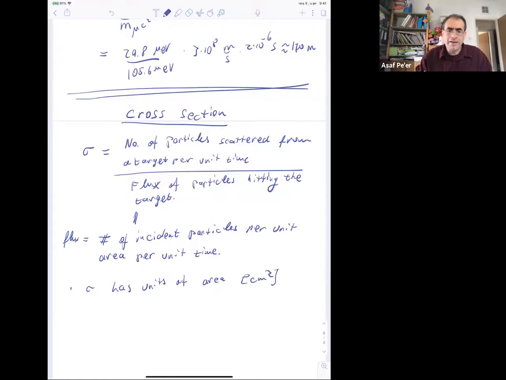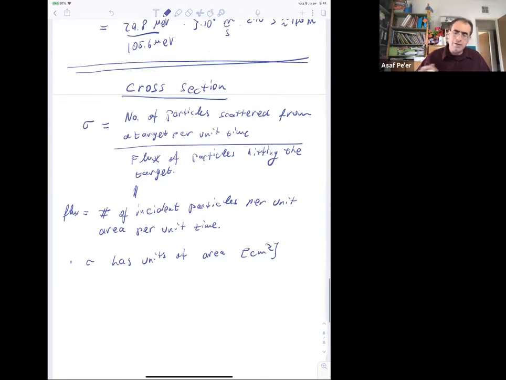Normally people think of it in terms of billiard balls. So it's the effective cross-sectional area of a target as seen by the incident particle. But of course, this has nothing to do with the physical size of the target.